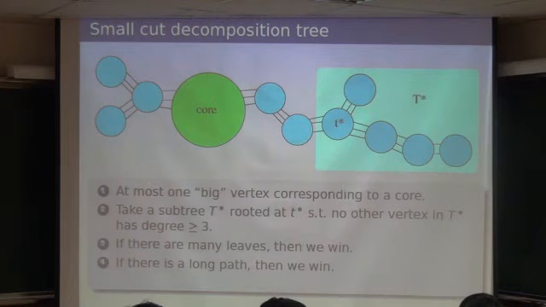Now, what about the case that isn't cyclically 4-edge connected and you can't split up into 2 big cores? So these are all going to be very small vertex sets, like 2 vertices or something like that. And these cuts are not necessarily going to be disjoint.